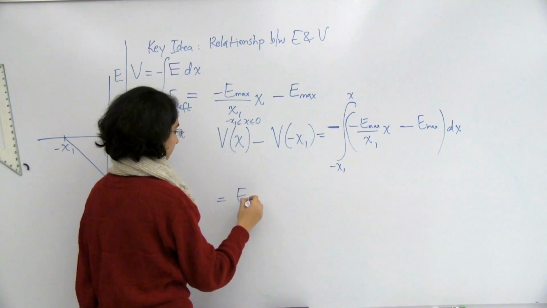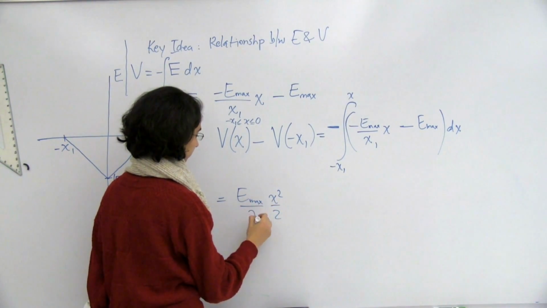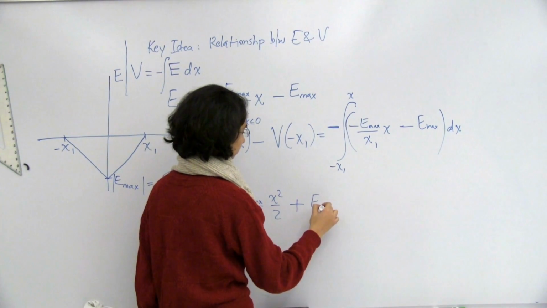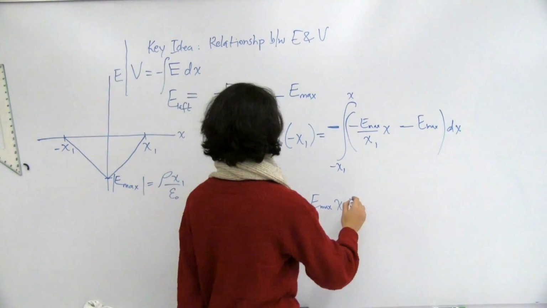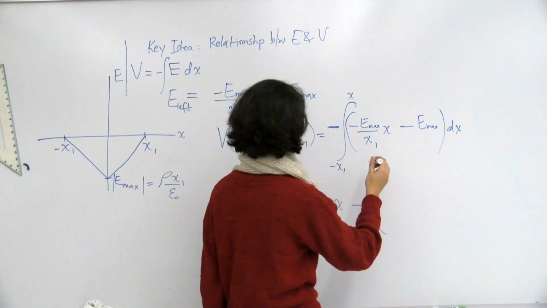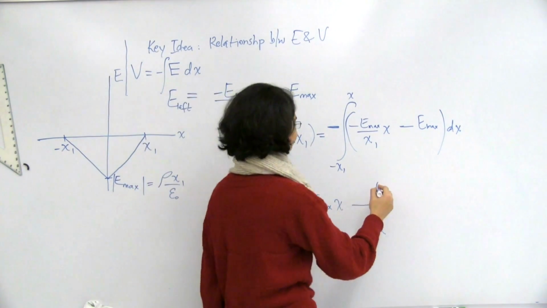So it becomes E max x plus E max x and minus. I went ahead and put my limits in.